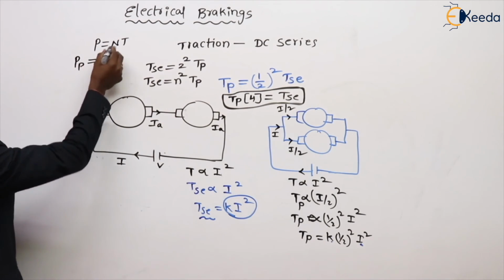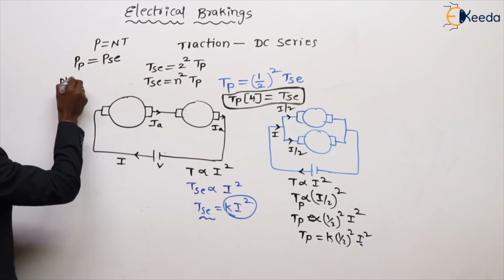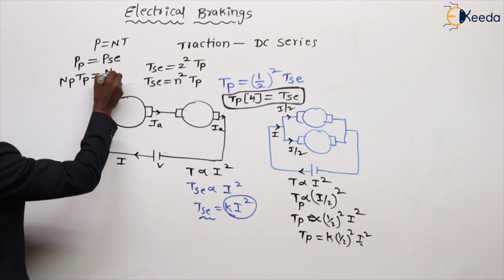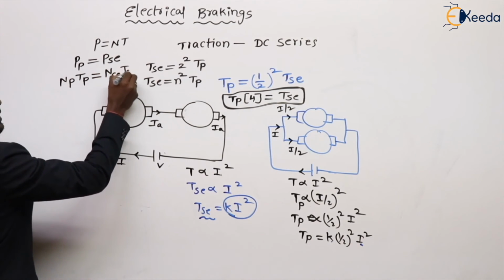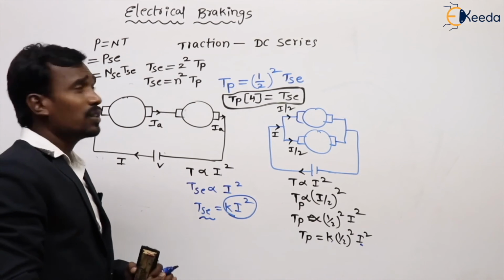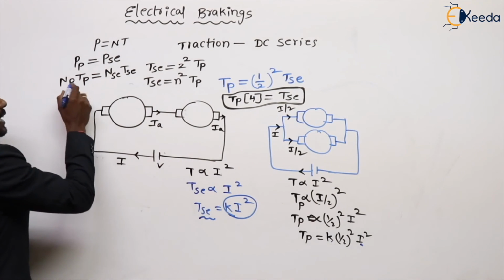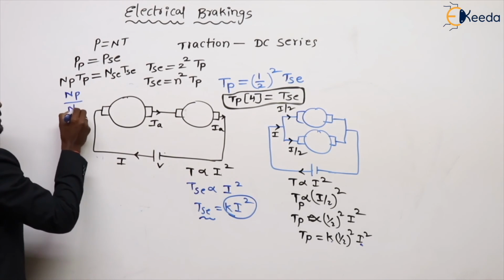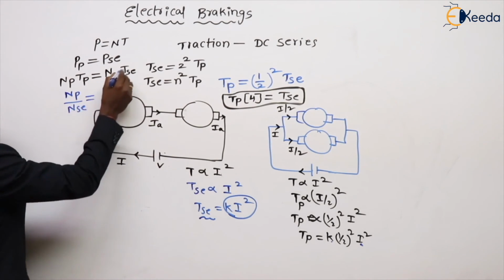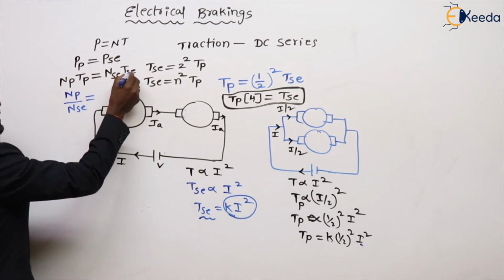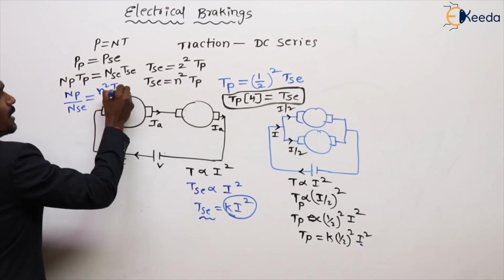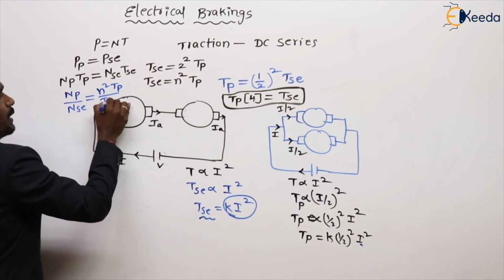What is the power in parallel connection? The speed in parallel connection times the torque in parallel connection is equal to the speed in series connection times the torque in series connection. So the speed in parallel connection by the speed in series connection is equal to the torque in series connection by the torque in parallel, nothing but n² TP by TP.